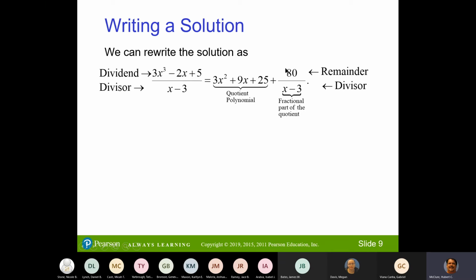Okay, 6, 1 over 2, just like grammar school. The only difference is in grammar school, you didn't put a 6 plus 1 over 2. You just wrote 6 and 1/2. And with a trinomial, I think you can understand why they put a plus there, because if you put 3x squared plus 9x plus 25, 80 over x minus 3, you could understand it could be confusing.